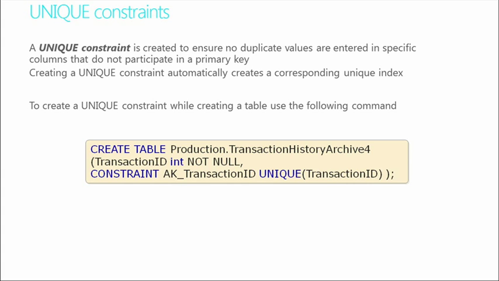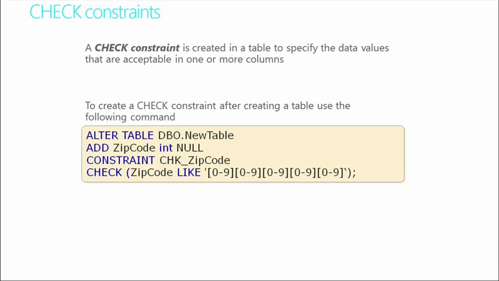But my primary key has already been consumed with the driver's license and the state code. We could create a unique constraint on that Social Security column to enforce uniqueness on that column. So unique constraints are used to enforce uniqueness on columns within a table, if your primary key has already enforced uniqueness on other columns within that table.